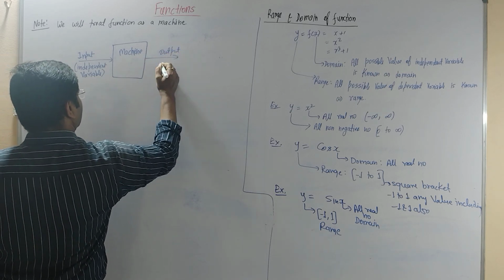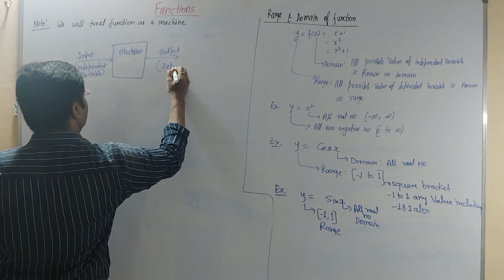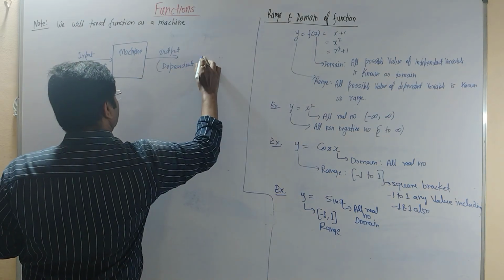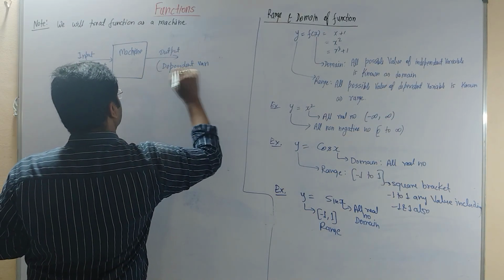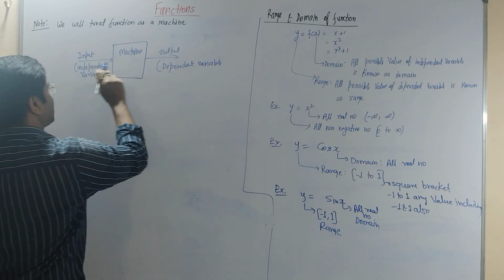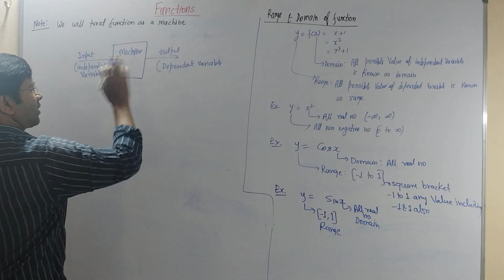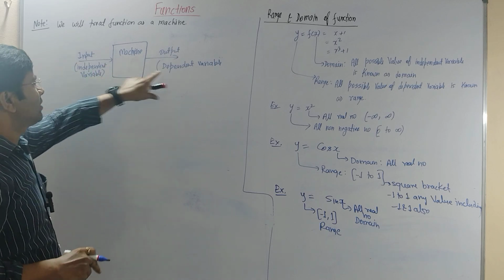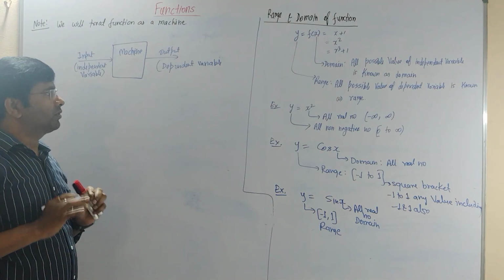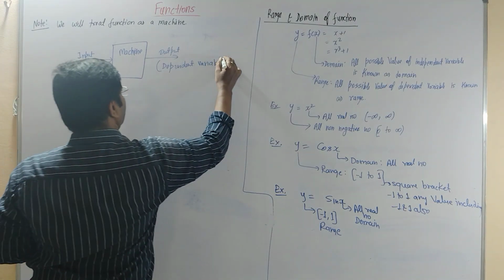This output is nothing but the dependent variable. There is some process inside the machine. This process converts input to output. So accordingly you give input, you'll get a certain fixed output only. So this is the dependent variable.